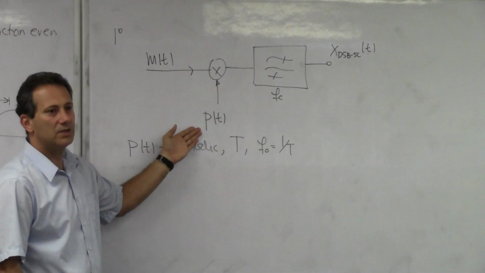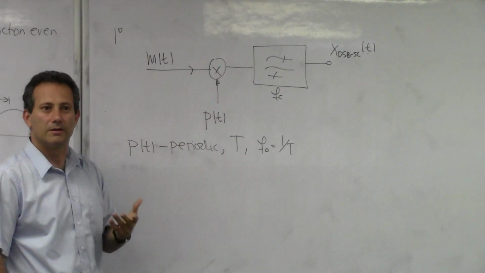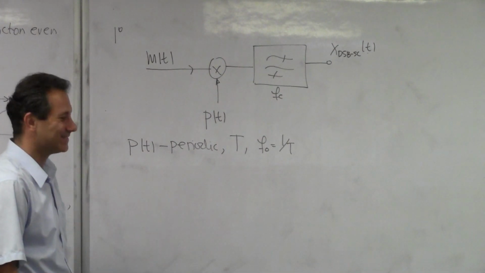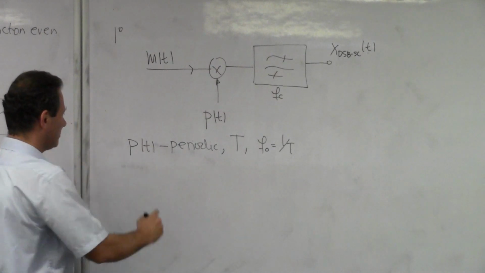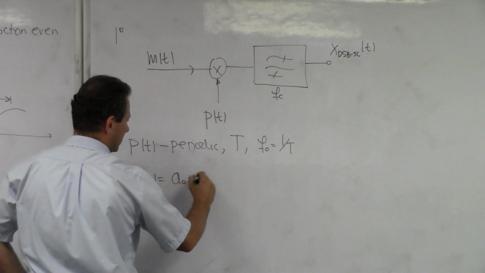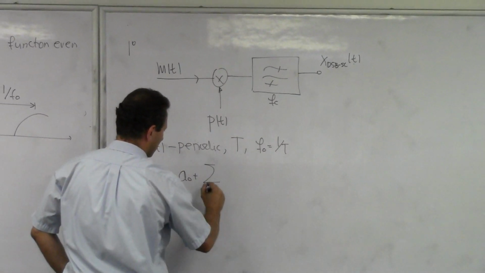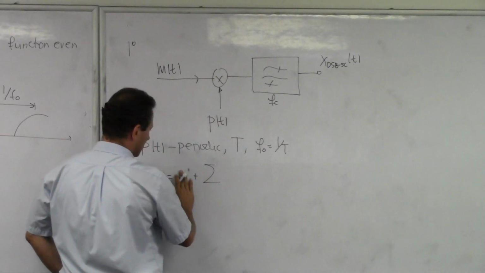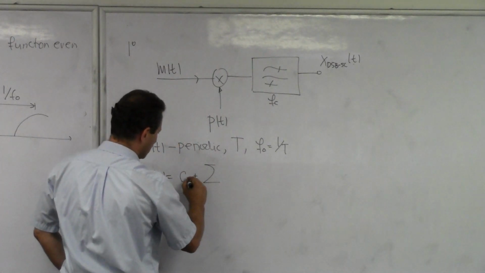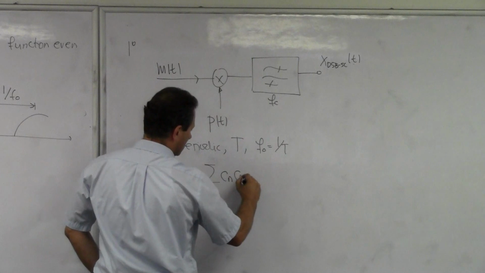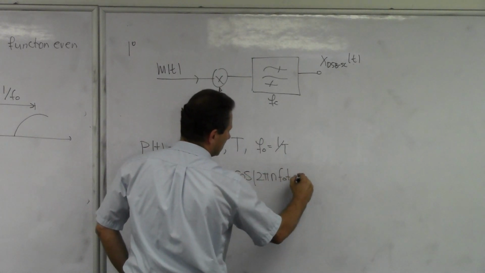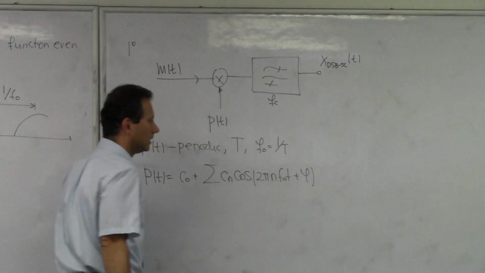Well, if p of t is periodic, what is our tool? Periodic Fourier series. So let me express p of t as C0 plus the sum of Cn cosine 2 pi n f0 t plus some angle theta n.